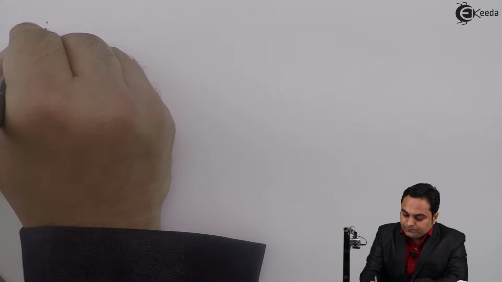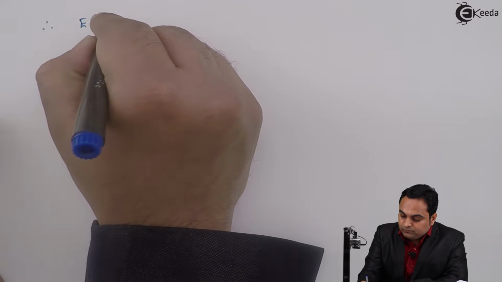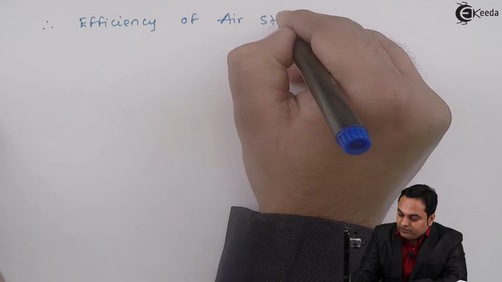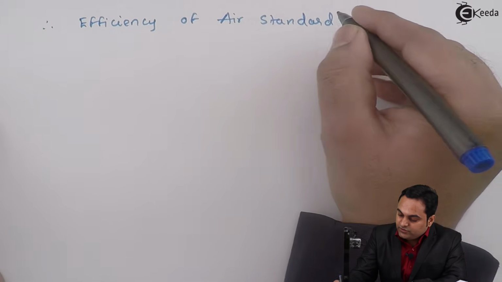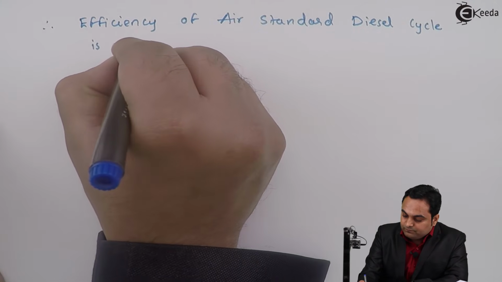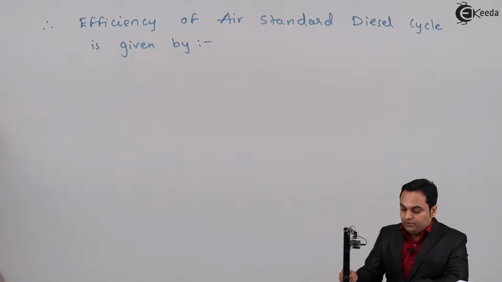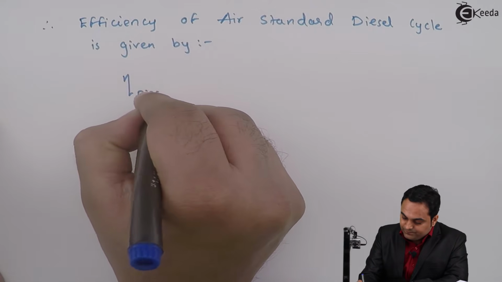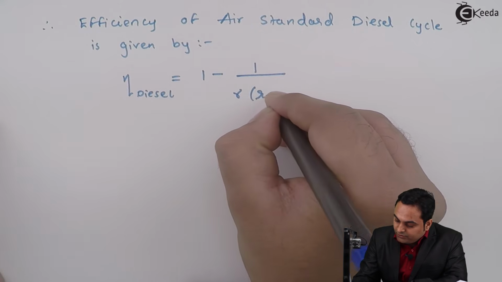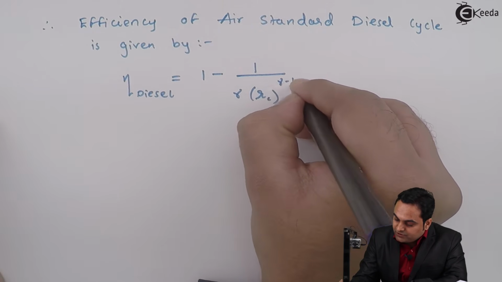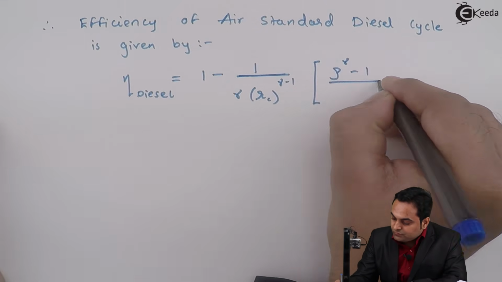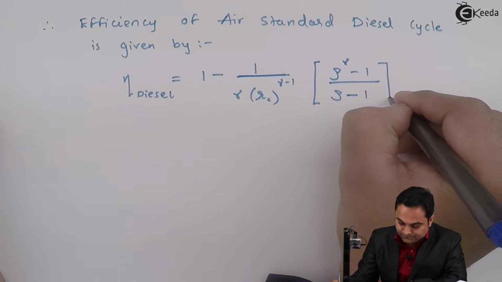So therefore efficiency of air standard diesel cycle, because diesel cycle is also called an air standard cycle, is given by the formula of efficiency of diesel cycle: it is 1 minus 1 upon gamma into bracket RC raised to gamma minus 1, then into the bracket rho raised to gamma minus 1, in the denominator we have rho minus 1.